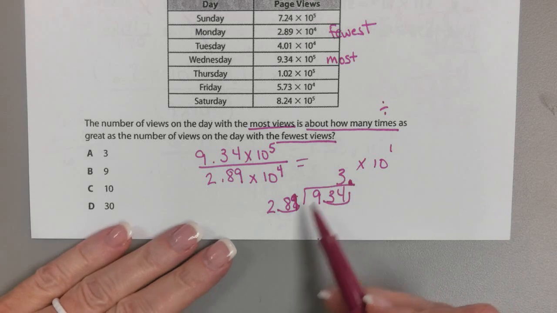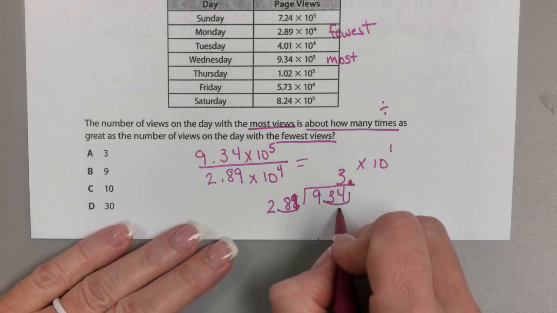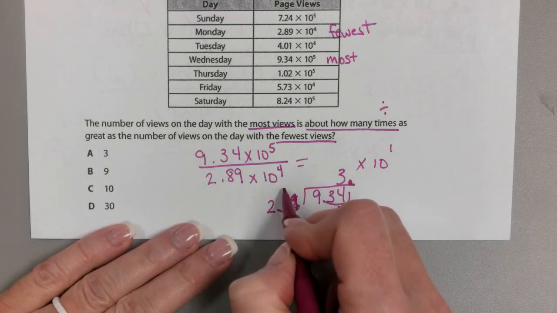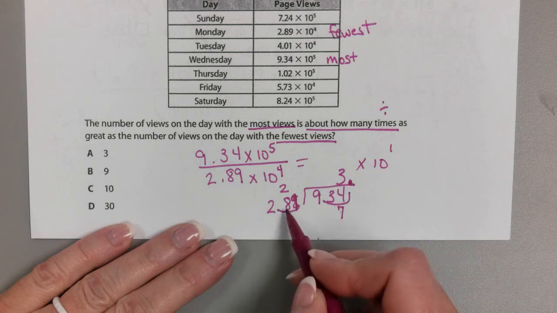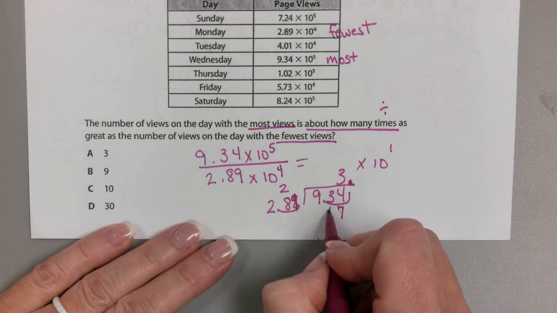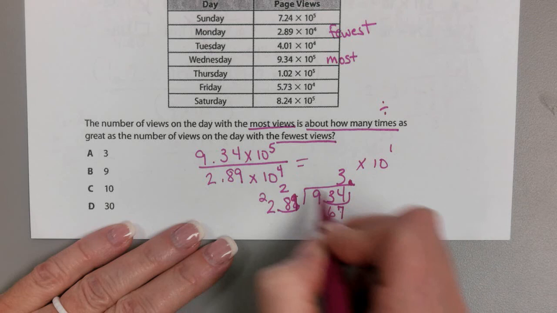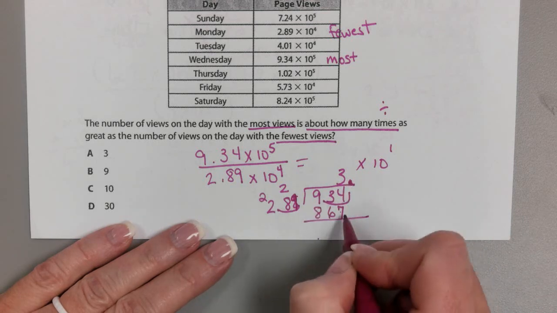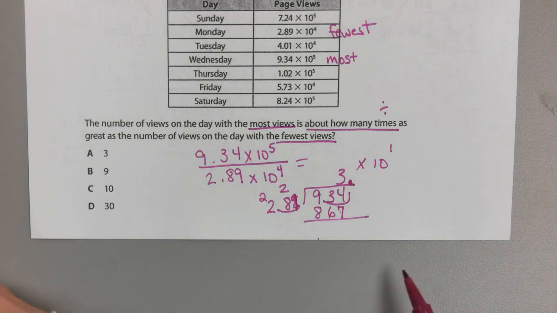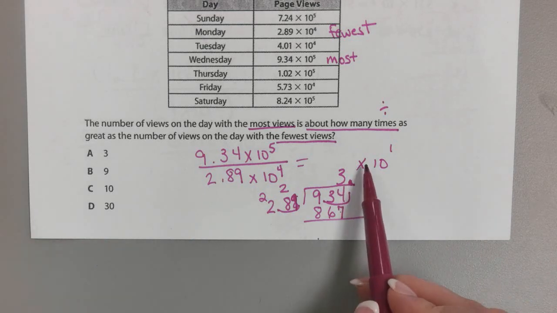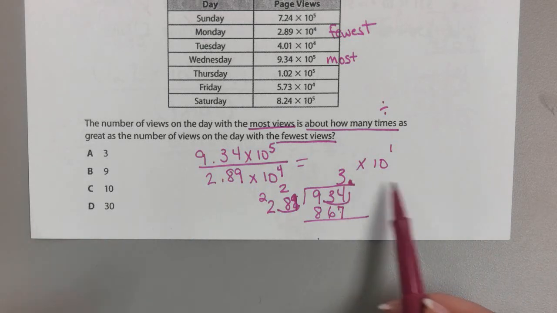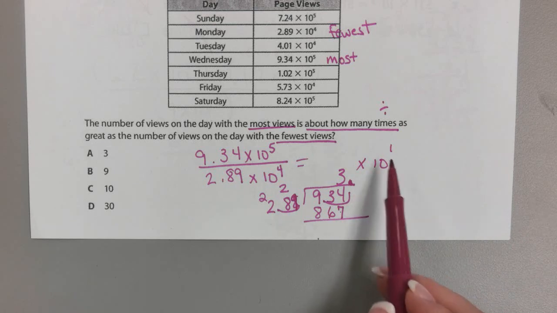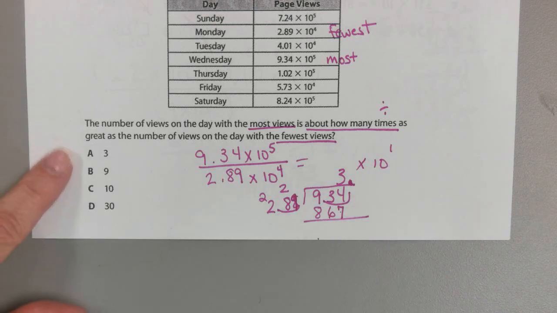All right, so 3 times 9 is what? 27. 3 times 8 is 24, plus 2 is 26. And then 3 times 2 is 6, plus that's got 8. All right, so I could keep going. I don't really have to, though, because it's 3 times, 3 point something times 10 to the 1st. What's that 10 to the 1st going to do for me? Yeah, we got to be doing 30.